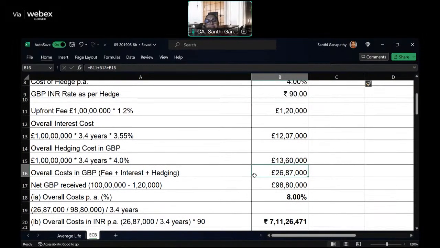Same thing. Per annum, what is it? In percentage terms, as well as in amount. That is the requirement, first requirement.